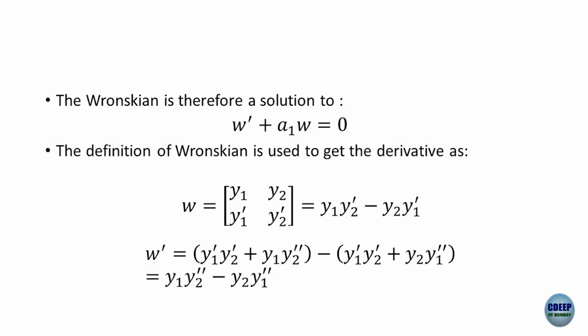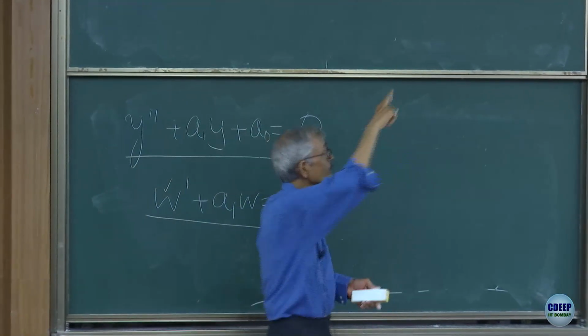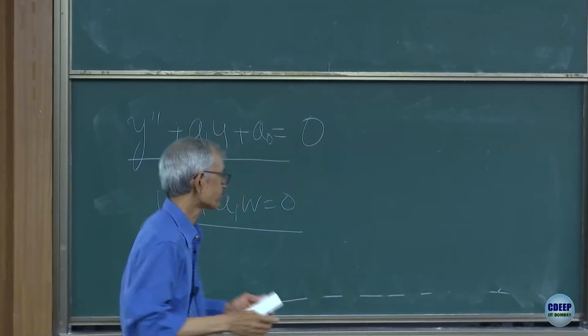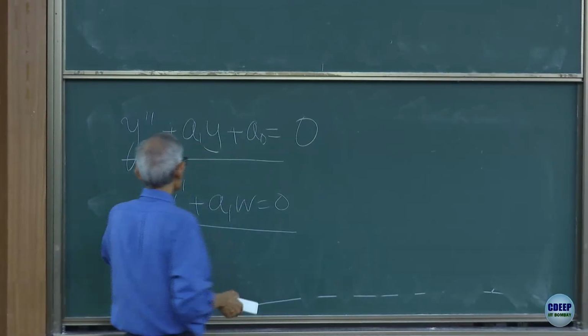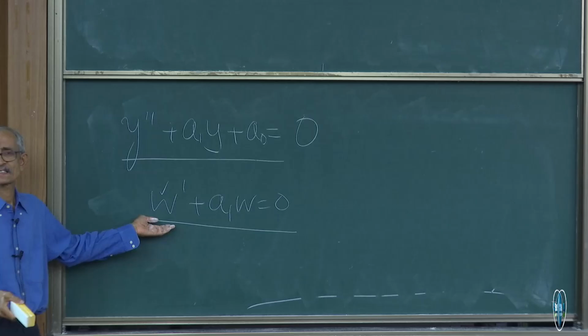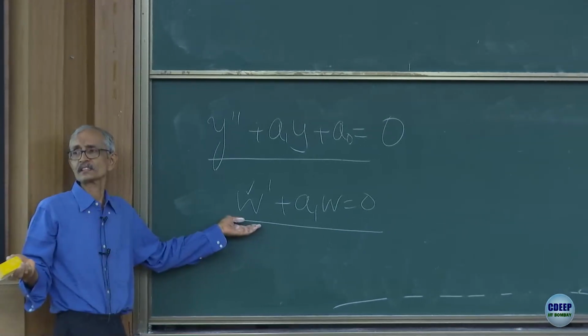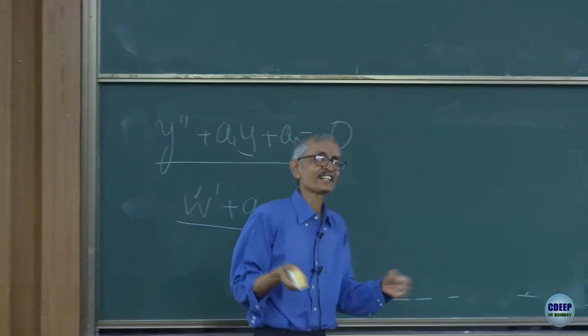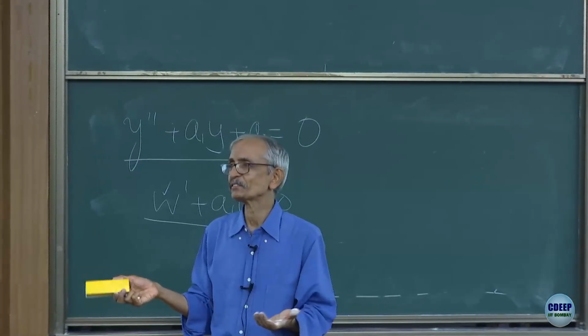We have seen that the Wronskian is y1, y2, y1 prime, y2 prime. And W prime is the derivative of the Wronskian, that's all.